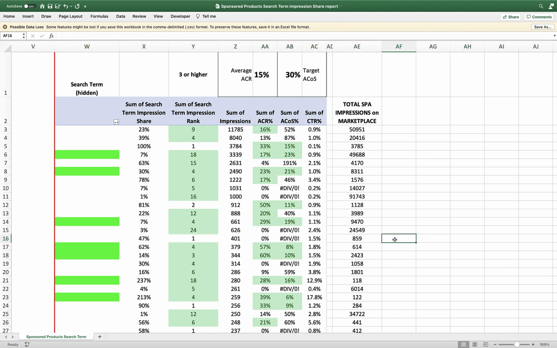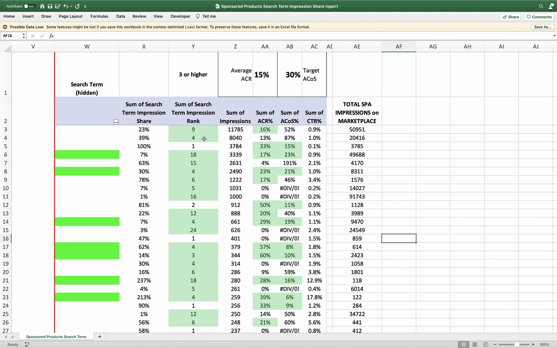Now, I specifically wanted to put this together to show you what the opportunities are when you look at the metrics from a search term impression share standpoint. And so what I'm looking at is those cases where, first and foremost, I have an impression rank greater than 3, which means I've got potential to move up from the third advertiser showing up to the second most prolific, or the most shown advertiser, or even the first most shown advertiser.